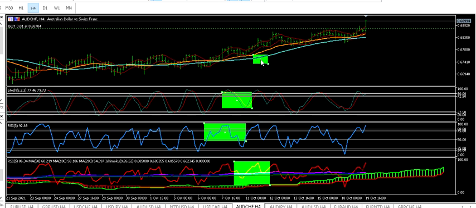For sell opportunities, like we have a bar here, by the time the price starts to develop below the two moving averages, then you look for sell opportunities. Also, if the orange moving average crosses below the blue moving average, that's a signal for you to look for short opportunities.